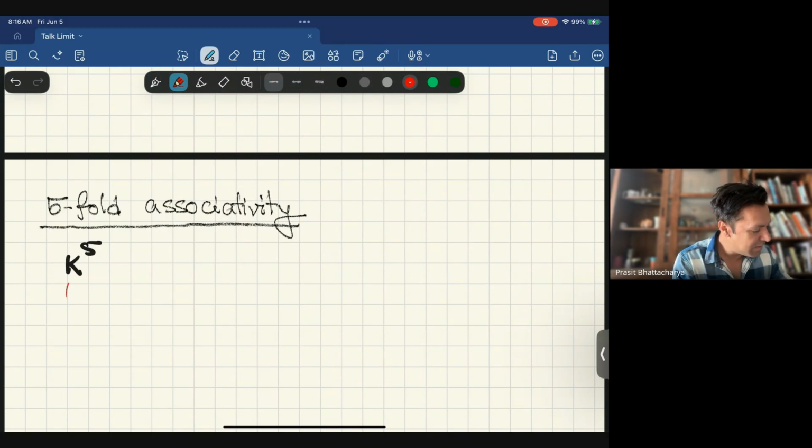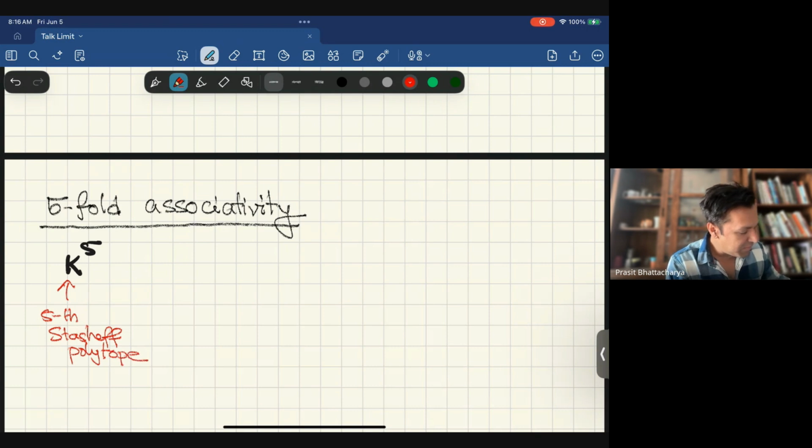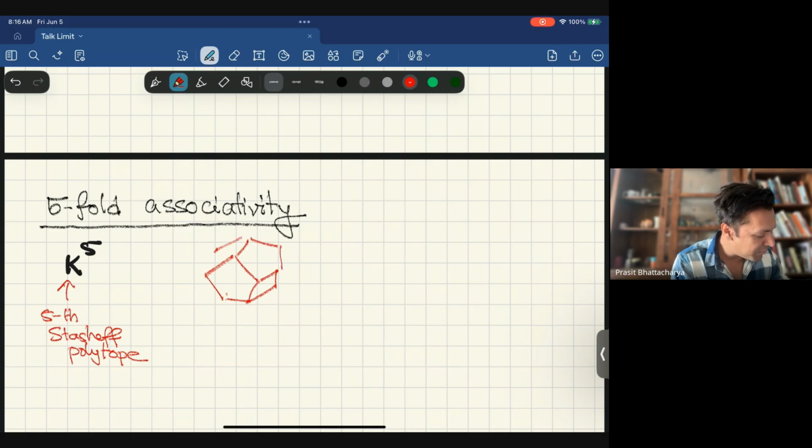This is the fifth Stasheff polytope. There are pictures online you can probably look up. It's made out of a bunch of squares and pentagons and so on. It's a very interesting polytope.